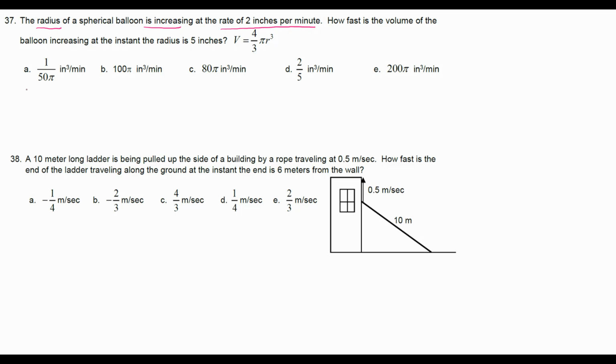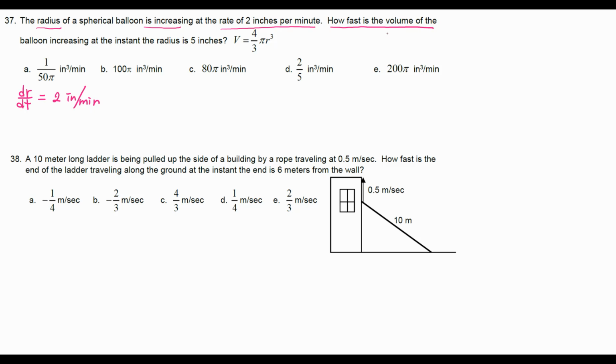So what's given is dr/dt, the rate of change of the radius with respect to time t, which is equal to, since it's increasing, a positive number, and it is 2 inches per minute. And it's asking you to find how fast the volume of the balloon is increasing.